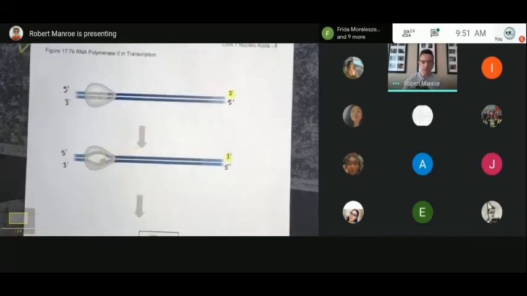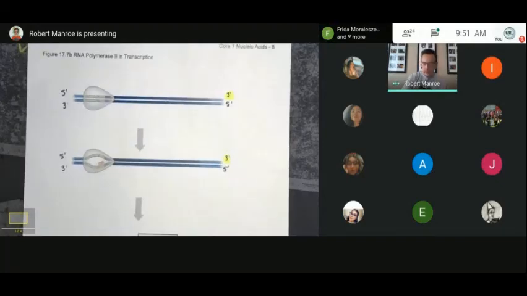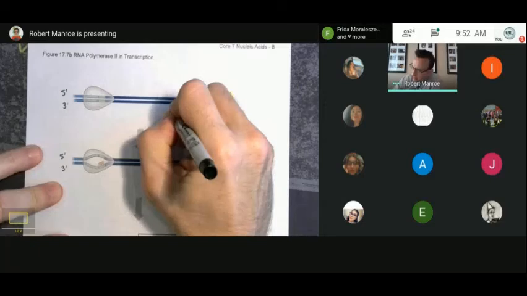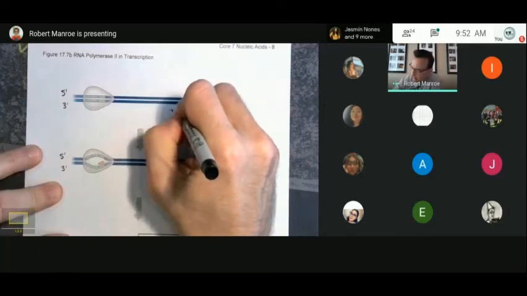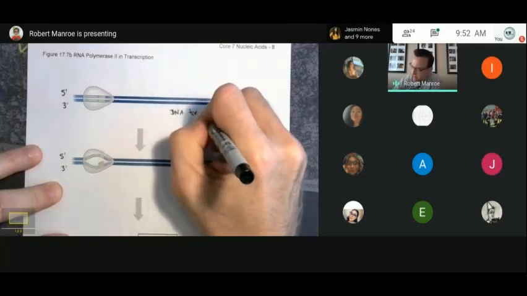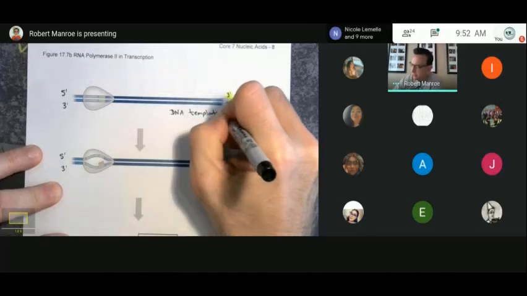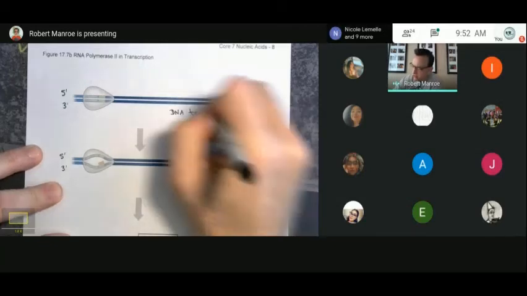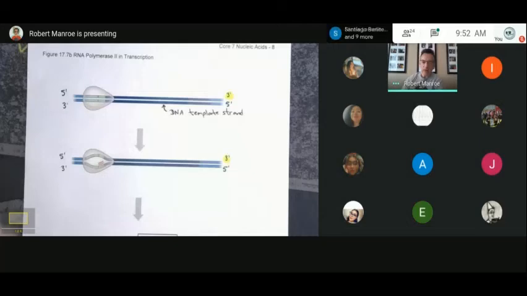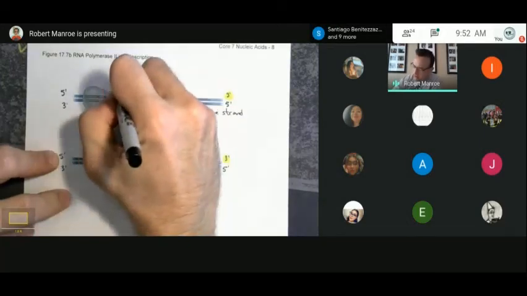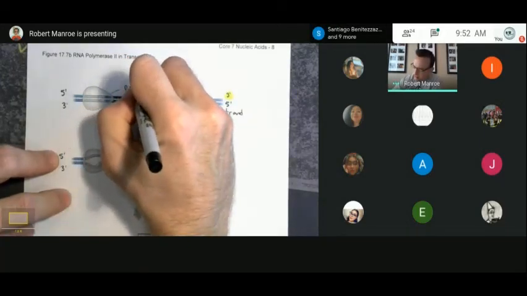Boom. Take it. So this down here, this is your DNA template strand. It's the strand that's being read. This is your RNA polymerase 2.